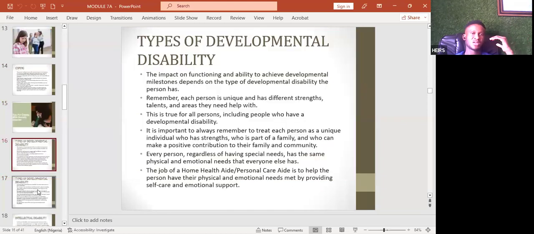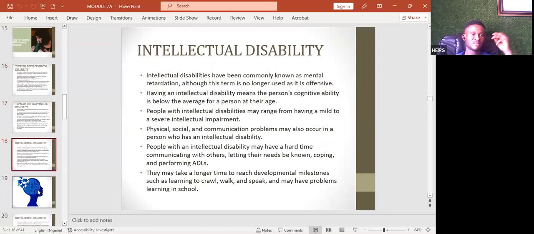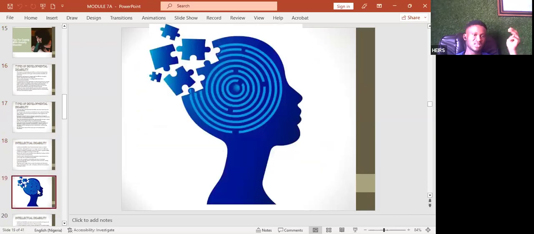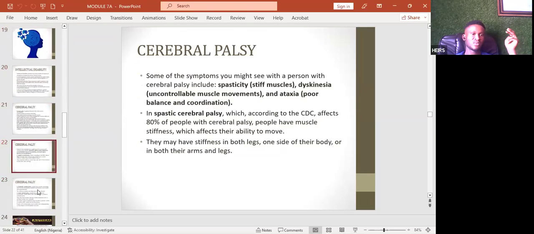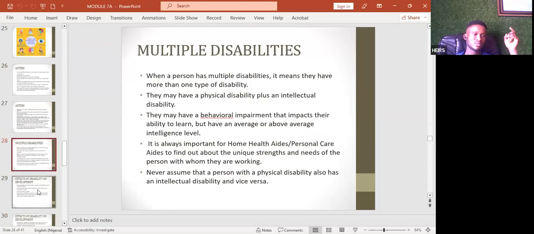Then we talked about types of developmental disabilities: intellectual disability, cerebral palsy, autism, multiple disabilities, and others like Down syndrome.